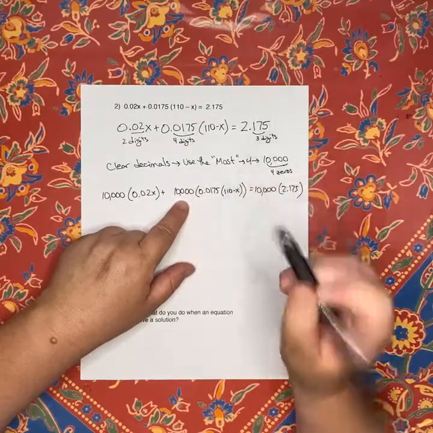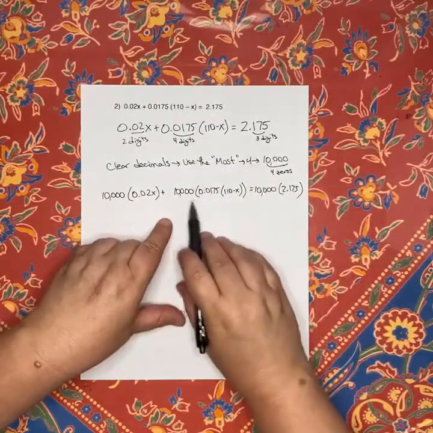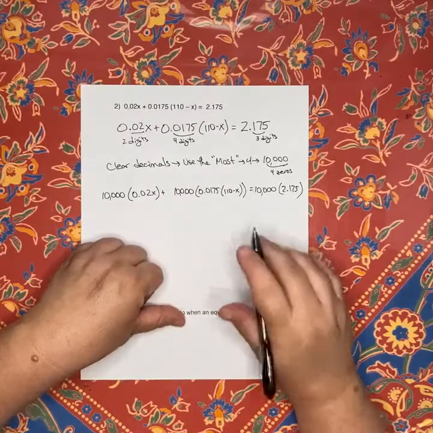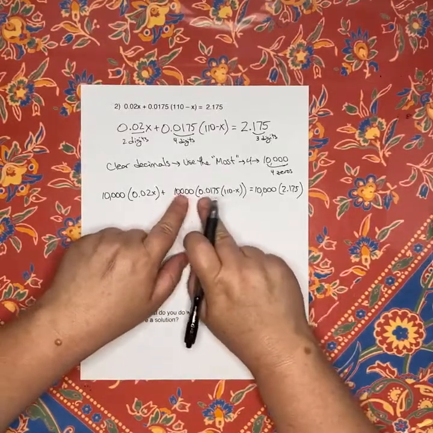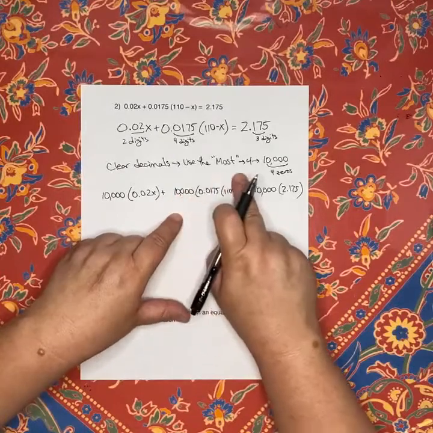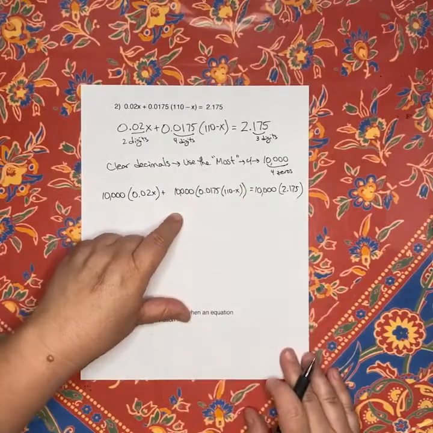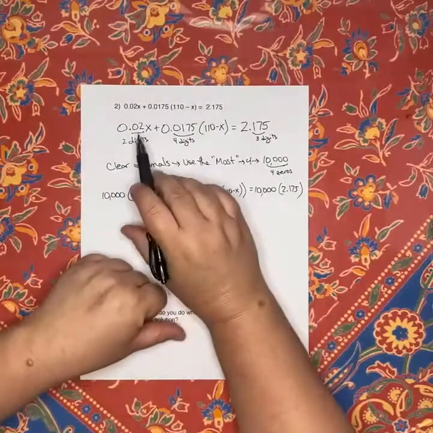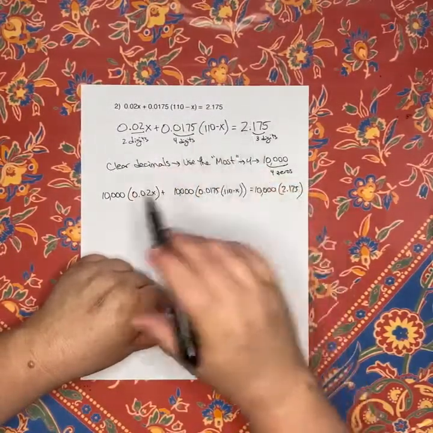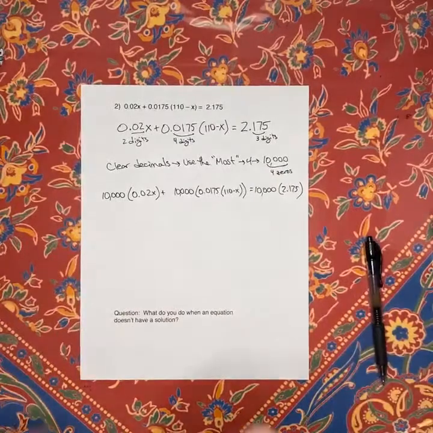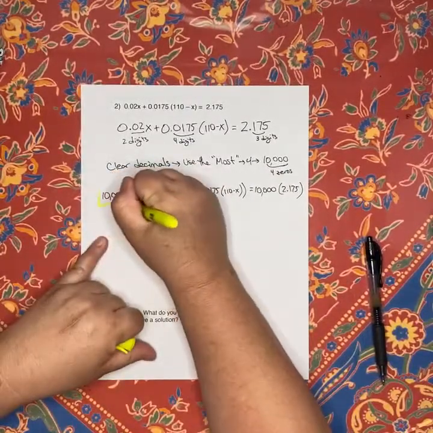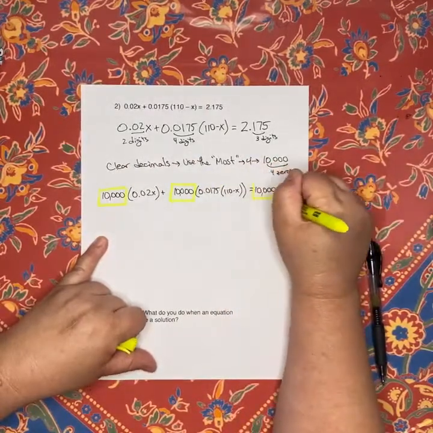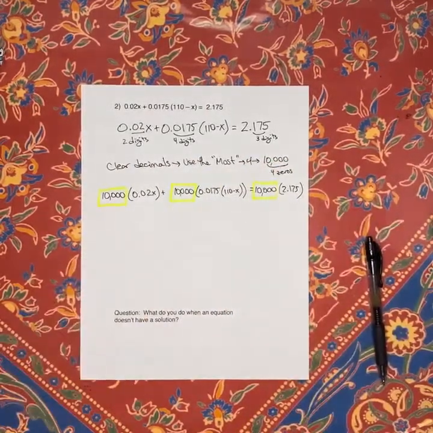Here's the thing. Whatever number is out here, it's going to go through using the distributive property. So if we mix this 10,000 in here, it will get carried inside with the distributive property. You don't need to multiply it twice. So each term, this one, this one, this one, each one gets a 10,000. Let me box them. There we go.